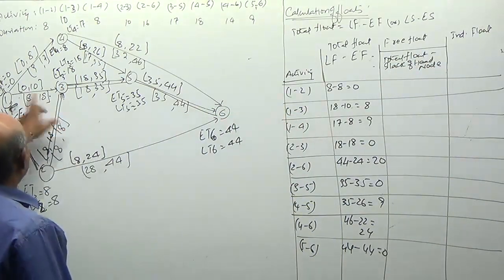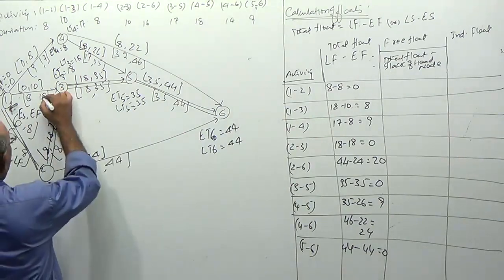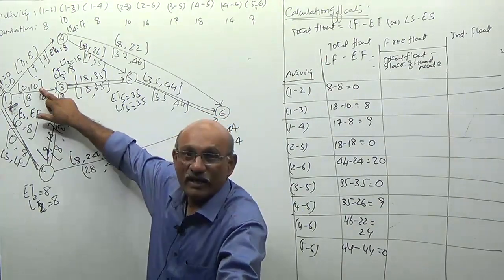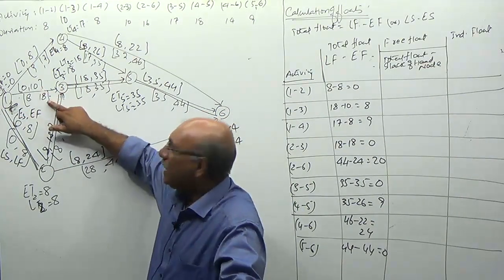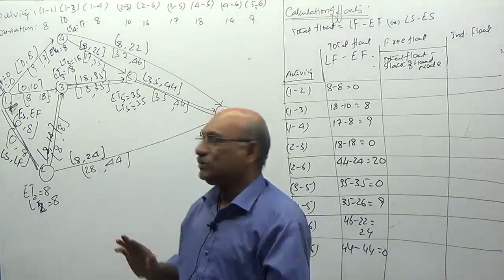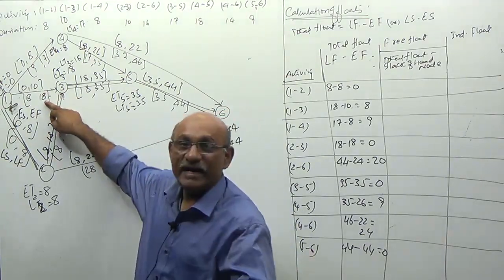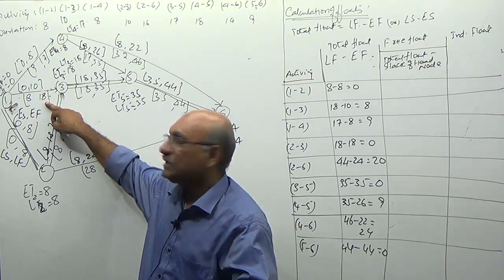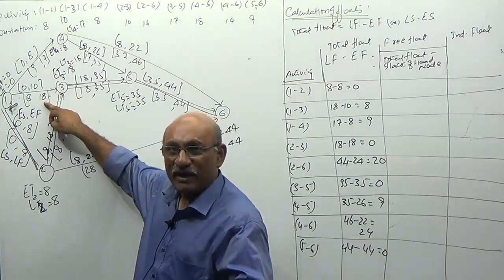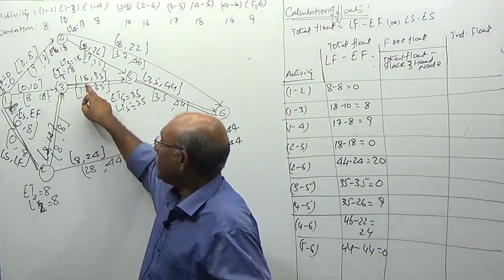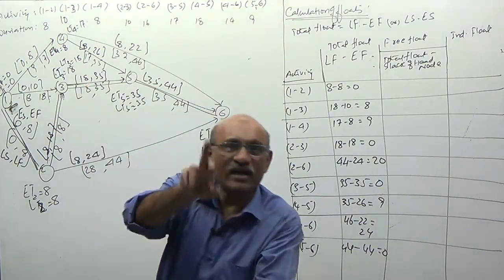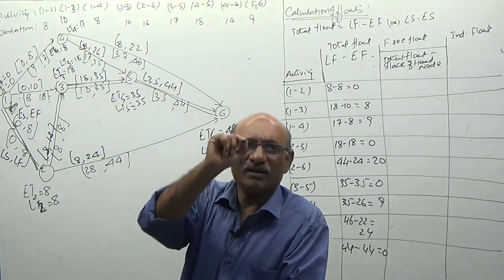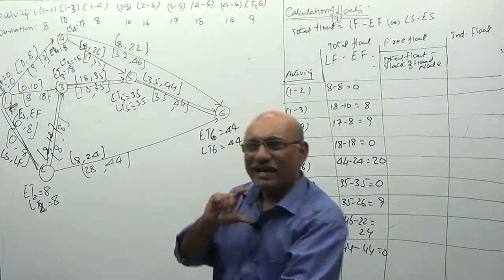Look at the simplest way of understanding the free float, sir. Activity 1-3 is this one. Earliest, when are you finishing this activity? On the 10th day you are finishing. Latest 18th day. Suppose you are completing this on the 18th day instead of 10th day. Even if I complete this on the 18th day, can I start its succeeding activity on its earliest time? Simple, but interpretation is a little bit complicated.